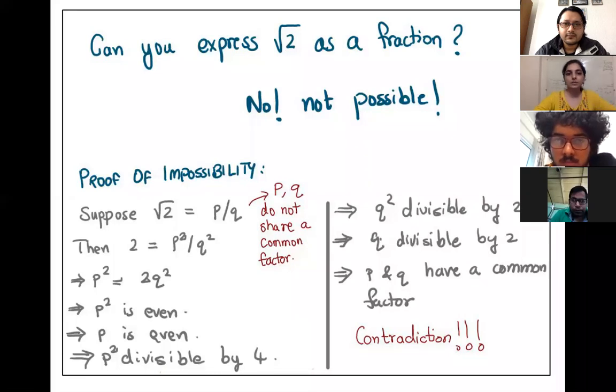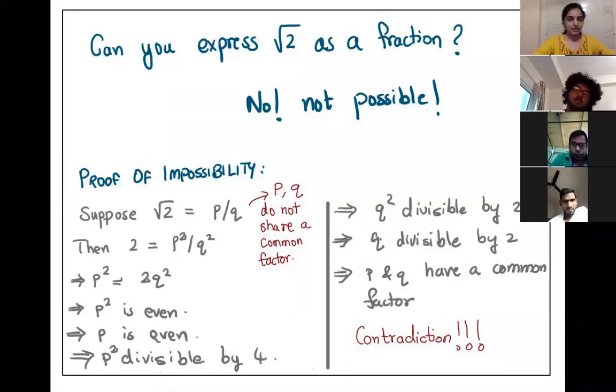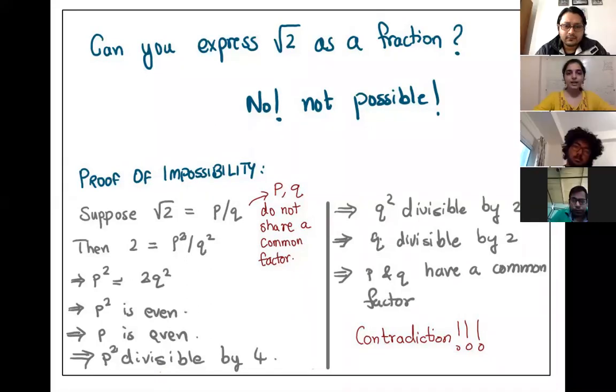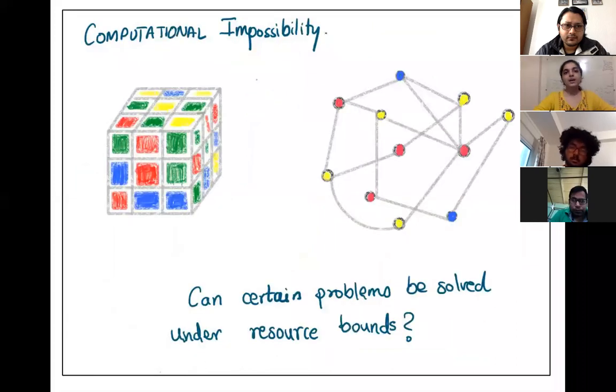Okay, so here was a statement in mathematics which asked you to write square root 2 as a fraction of two integers, and then you proved to me that in fact it is not possible. All right. So this is a typical mathematical proof for showing something is not possible. And what do I mean by a complexity theory perspective of this?